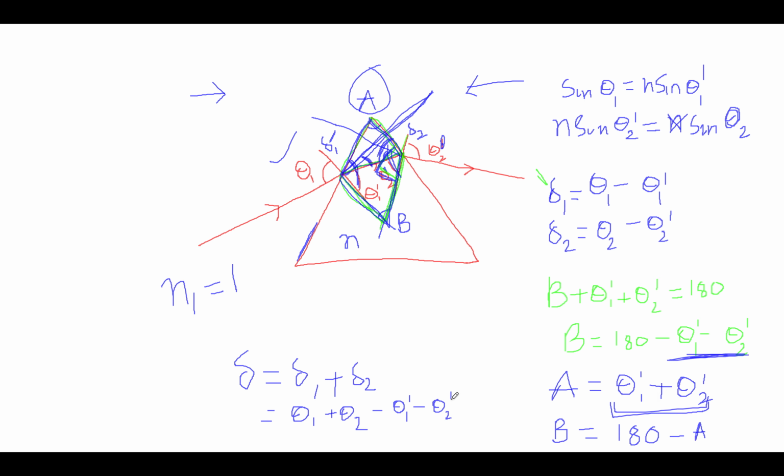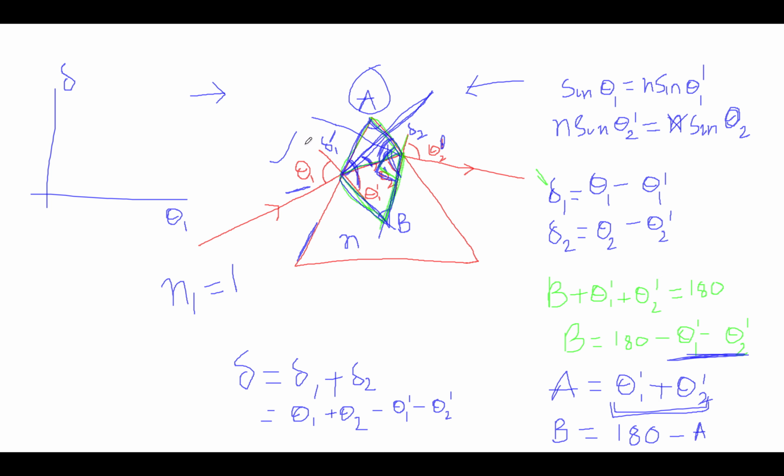So what I would like to do is plot a graph, right? A graph with delta on the y-axis, that is the deviation, and angle of incidence, theta 1, on the x-axis.